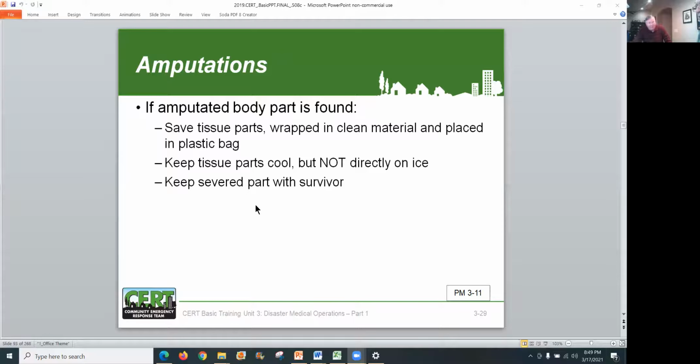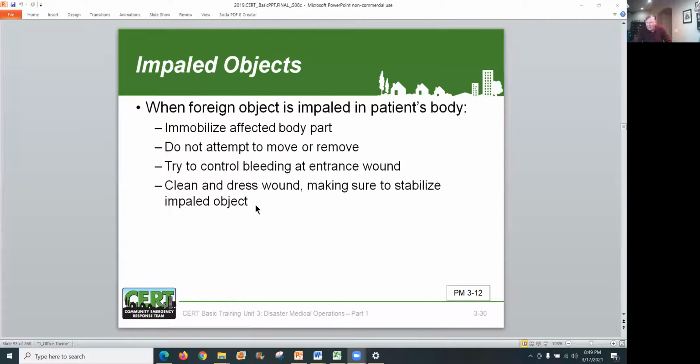If you didn't catch the ambulance, you need to get it to the hospital. Basically that part goes with the person to the hospital, or is kept with them waiting for the ambulance to arrive in a worst case situation. And there is a time element to that that's very important, right around an hour.